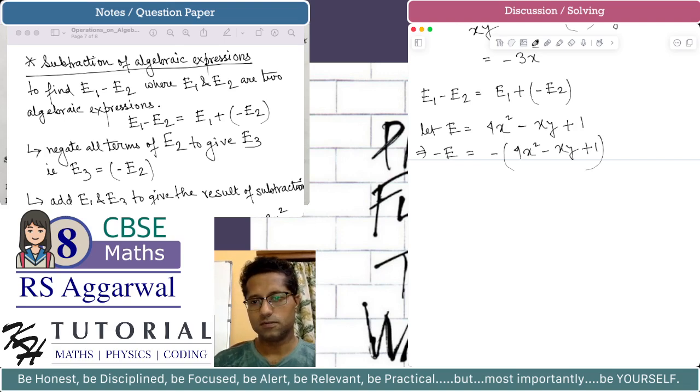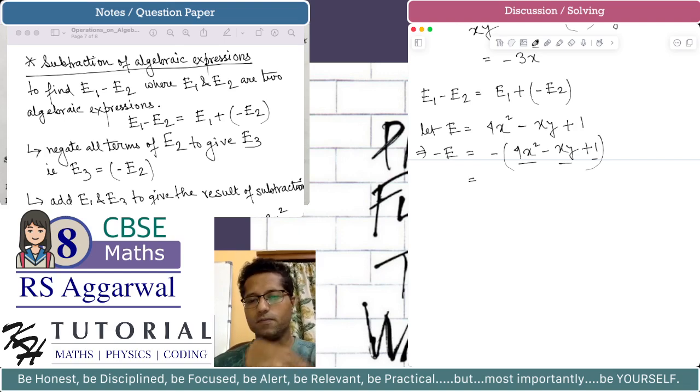So we put the entire expression in a bracket, and then before the bracket we write a negative sign. Now, how does the negative sign before the bracket affect the algebraic expression? When we open the bracket, all the terms of the expression get negated, that is, the signs change.